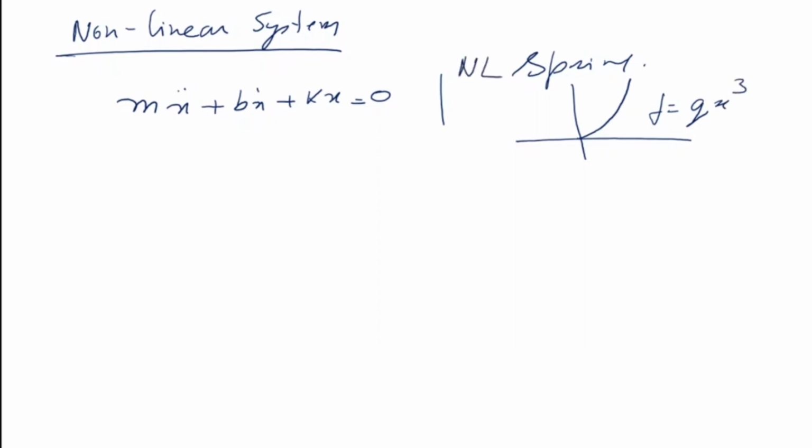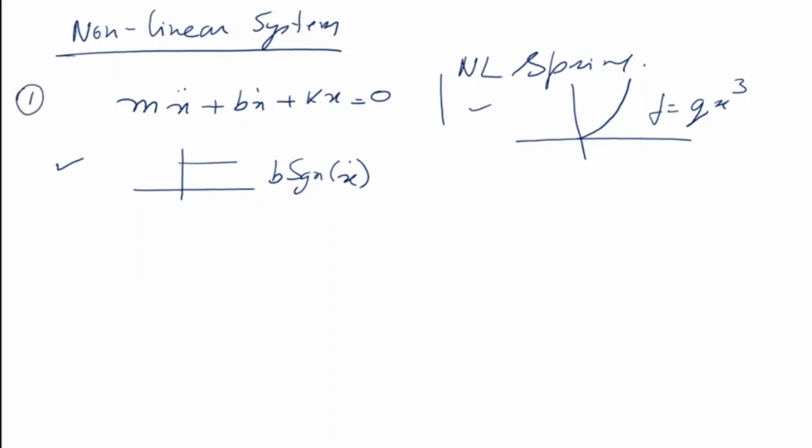So let's call it a nonlinear spring. What about friction? We know that friction behaves something like this. So this is my friction. It behaves something like this, and this is written as B x dot. So it's a sigmoidal function. So we see that this is also nonlinear. Although we have made the assumption that all these m, b, k are constants, they may not be constant.